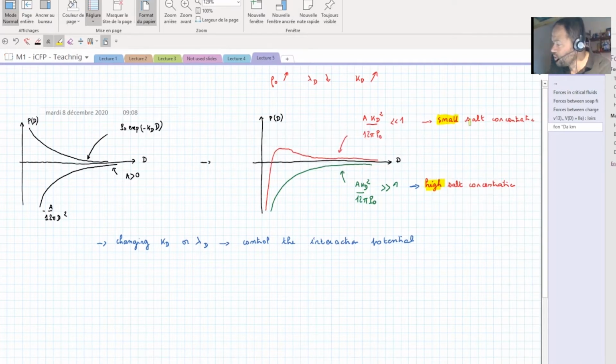And you see that at small salt concentration, so it tells us that when we have a combination of van der Waals forces, which are attractive, and electrostatic forces, which are repulsive, at small salt concentration we'll have this energy barrier.